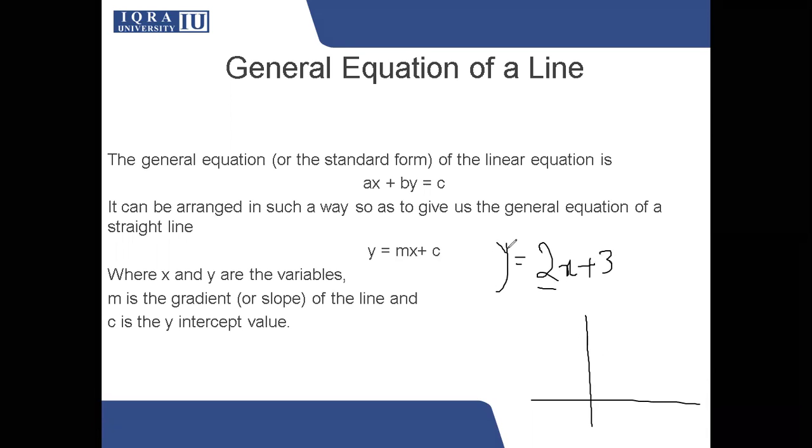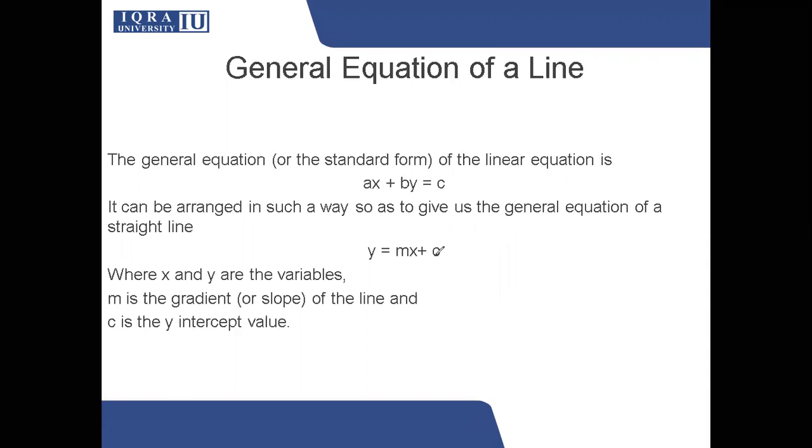So the line of this equation will have a slope of 2 units, and the line of this equation will have a y-intercept of 3, because if you compare y equals 2x plus 3 with y equals mx plus c, you get the values of m and c as 2 and 3. So my line will have a gradient of 2, so it will be rising upwards, and it will be passing through the point y equals 3. It will be roughly something like this. Obviously this is not an accurate value, but roughly this is how it's going to happen.